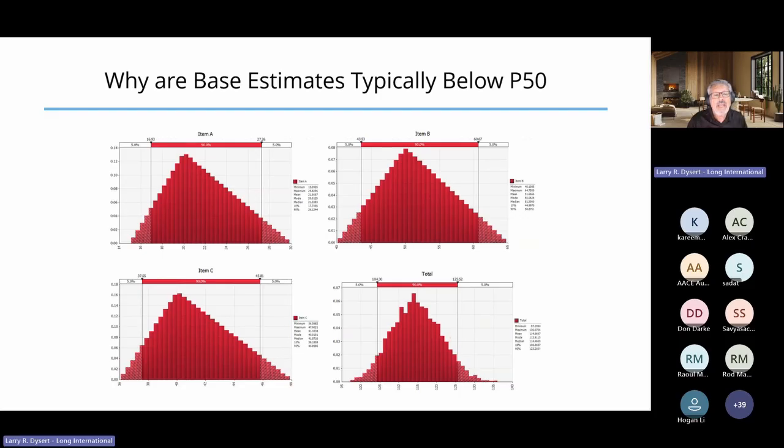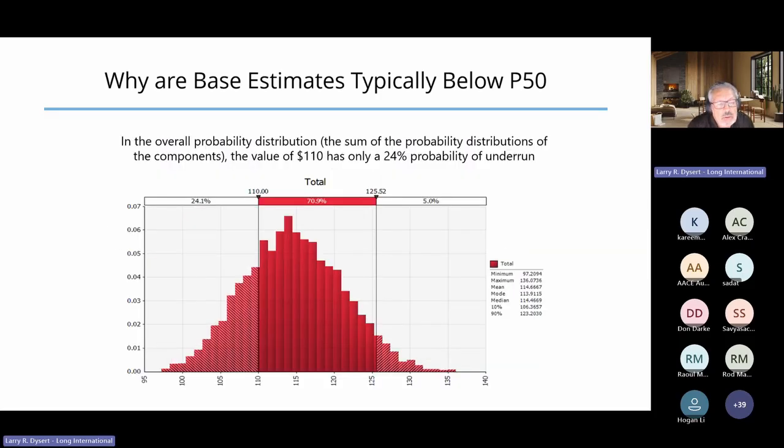When I look at that overall probability distribution, what I find is that value of 110, where I added up the most likely values for each of those 3 elements, only has a 24% chance of underrun.